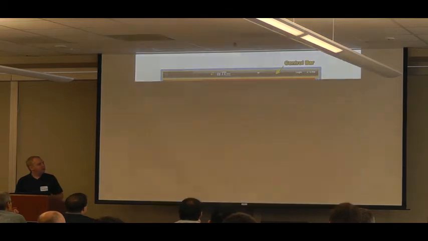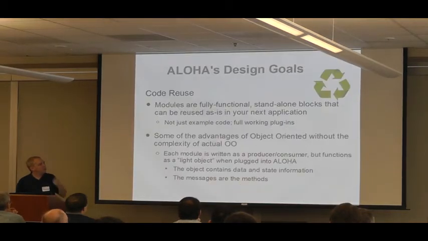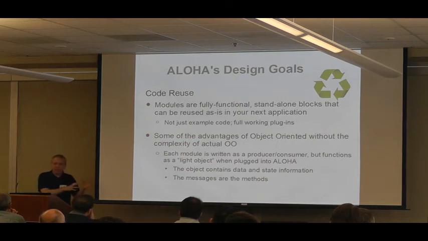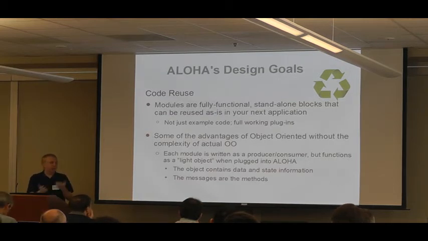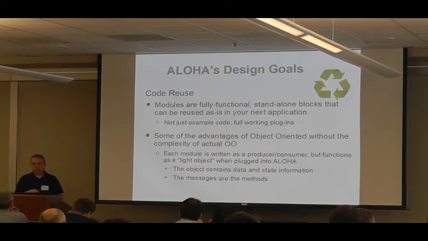And the really nice thing about the way that ALOHA does it is it's not just a piece of example code that you're grabbing from an old project and rolling into your new code. You can actually take the whole agent as is and just insert it into the application and begin interacting with it. So we get some of the advantages of object-oriented programming without the complexity on the implementer of knowing exactly what they're doing in an object-oriented sense.